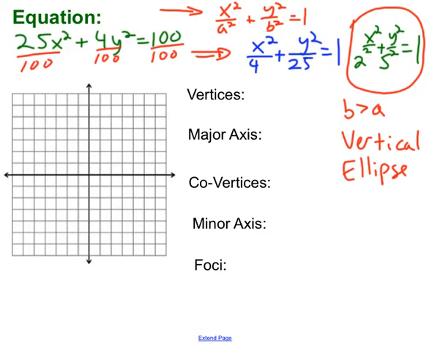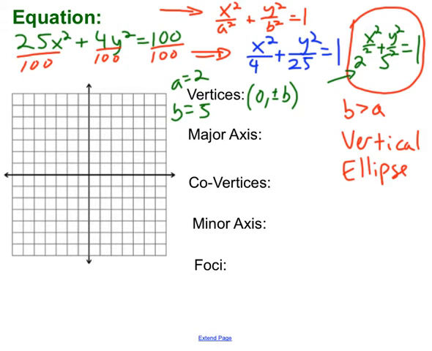All right, so how about vertices? Let's talk about our vertices here. Since this is a vertical ellipse, we should expect our vertices to be along the y-axis. So they will be at 0 plus or minus b. Those will be our vertices. So let's plot those. B in our case is 5, A equals 2. We get that from our equation right here.